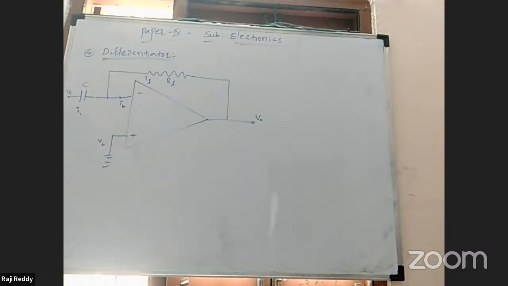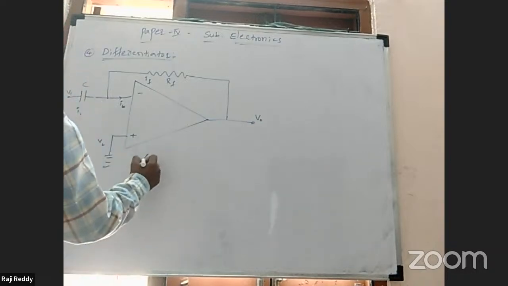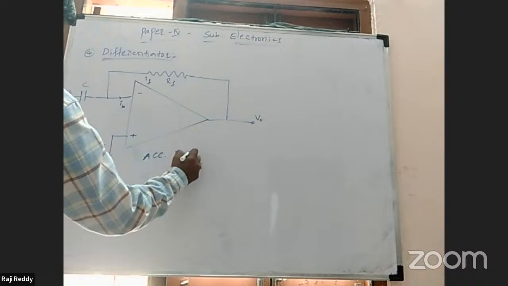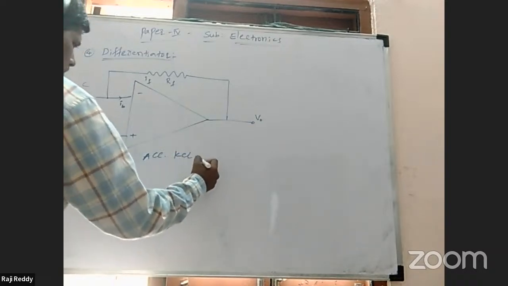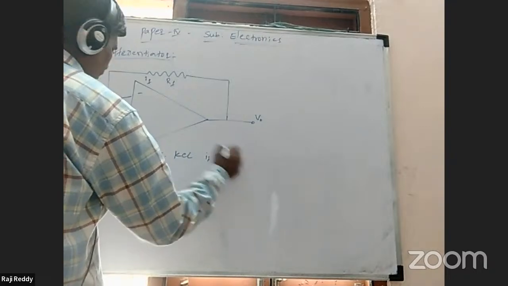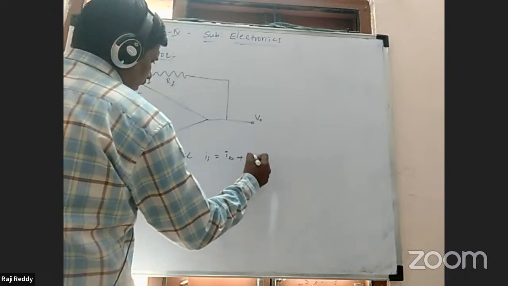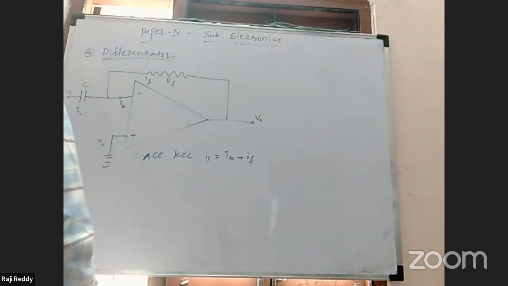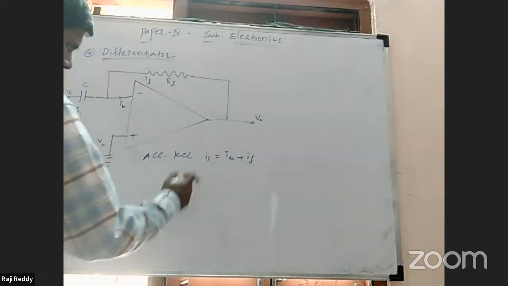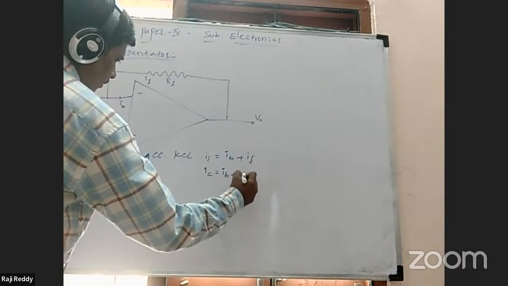Again, according to Kirchhoff's law, according to KCL, input current II is equal to base of amplifier current plus feedback current IF. Here this II is nothing but the current across the capacitor. Better we can say IC is equal to IB plus IF.